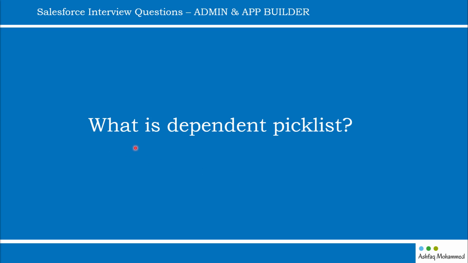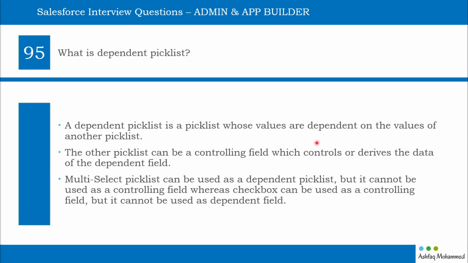Next question is, what is a dependent pick list? A dependent pick list is a pick list whose values are dependent on the values of another pick list. The best example I can give is country and city. If I am selecting USA in a country pick list, and I have another pick list called city, then I should see only the cities related to USA.